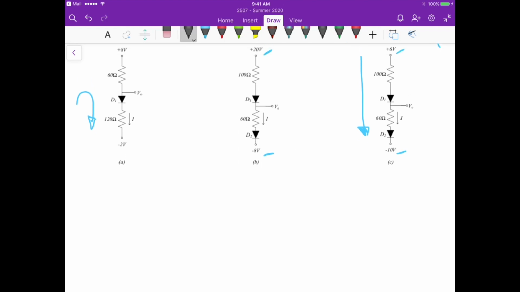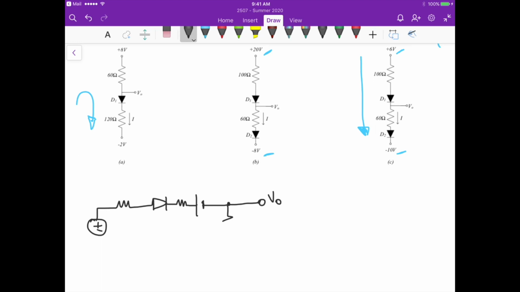This circuit C here is a voltage source in series with a resistor. Then we have a diode. Now let's replace this diode using the battery plus resistance model. So this is for diode 1. Then here we have the node for V0.